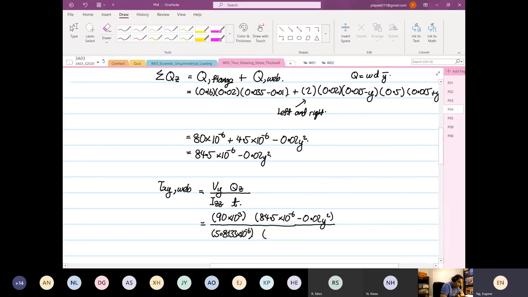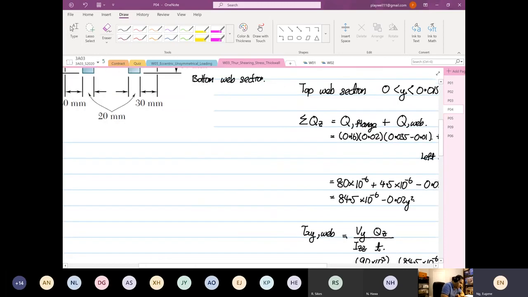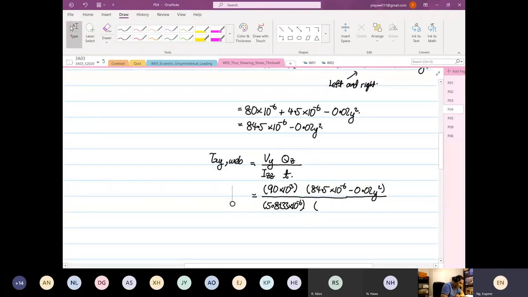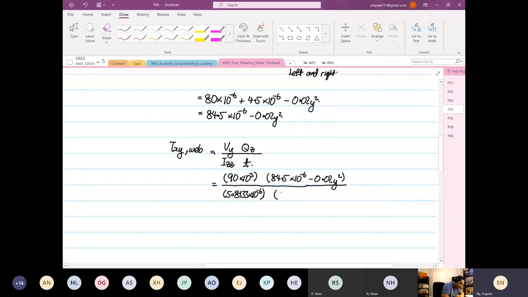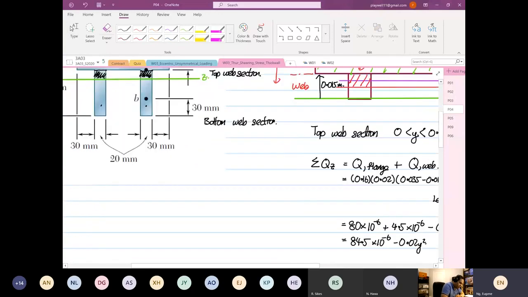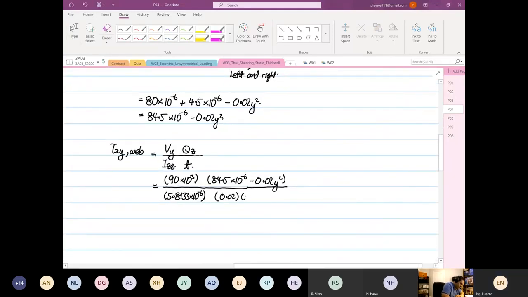And then now your t is equal to what? If you look at our thickness, it is 0.02. So that is the thickness that we have. And then how many webs do you have? 1 and 2. So this is where you compensate.